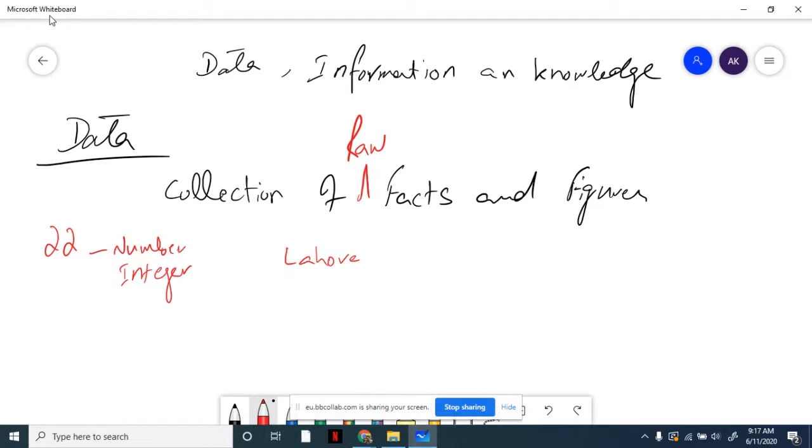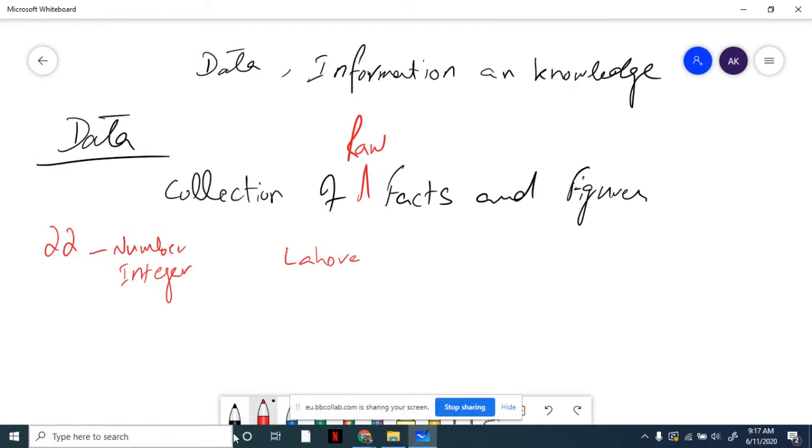But we don't know why we are using Lahore. We can't create any relevance. We can't define why we need 22 and Lahore together if I am using them together. So I need complete information. So what is meant by information?